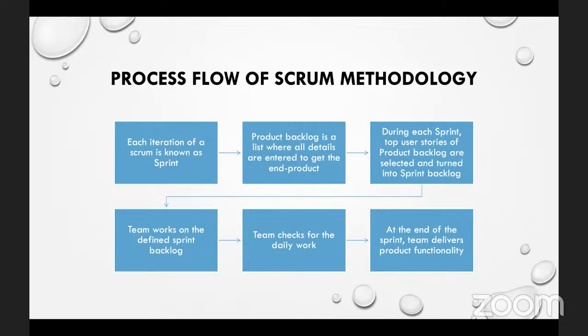So all of this feature set is what we call product backlog, right? The product backlog is a list of all the wish lists of the stakeholder or the owner of the platform. This is all that I want.